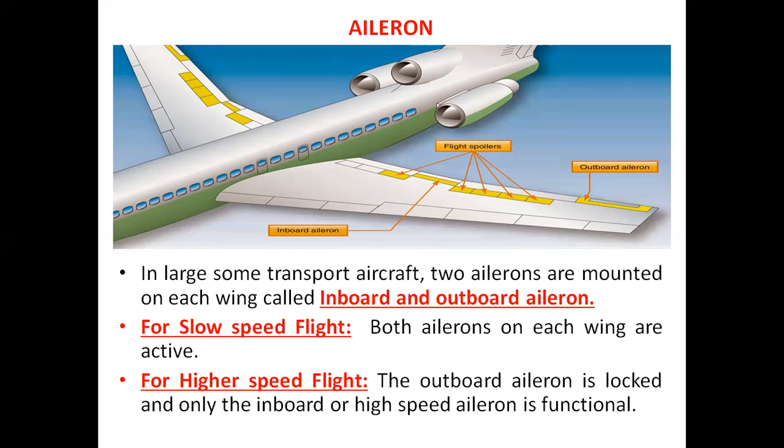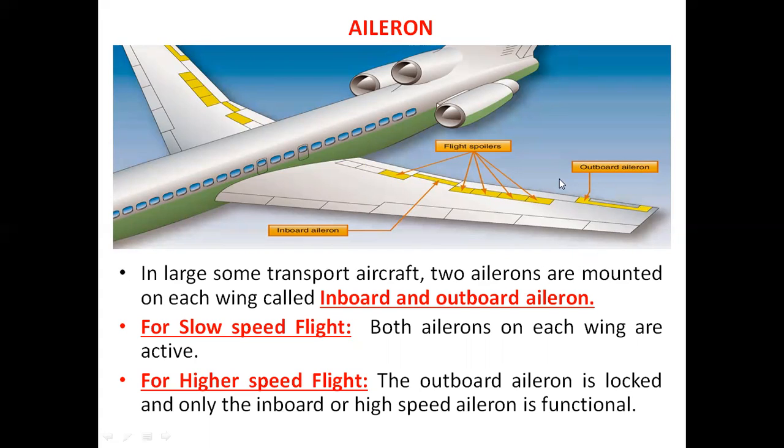That means the left wing has one aileron and the right wing has one aileron. But if you compare the light aircraft with transport category aircraft, the transport category aircraft has two sets of ailerons mounted on each wing. They are said to be inboard and outboard aileron.